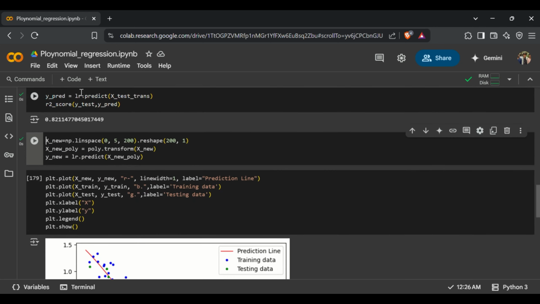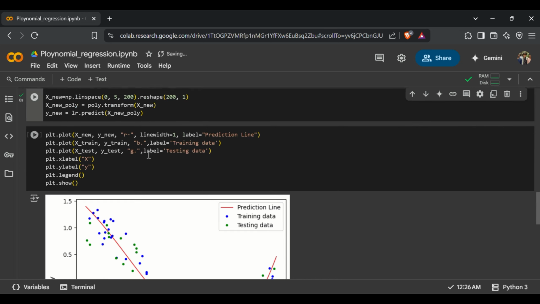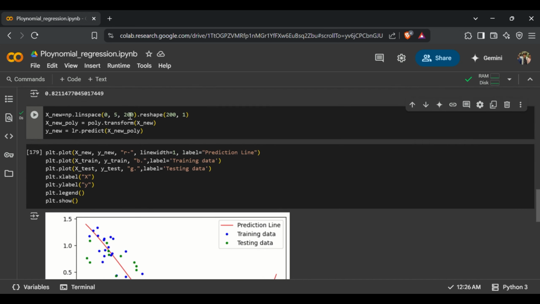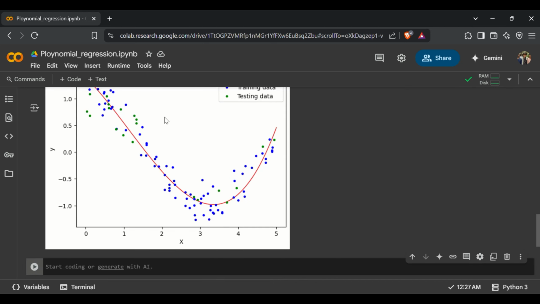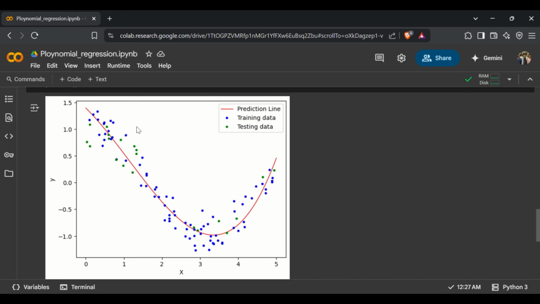Here I have created a new data set for visualization. When we implement this, you can see the line manages to cover the non-linearity of the data.